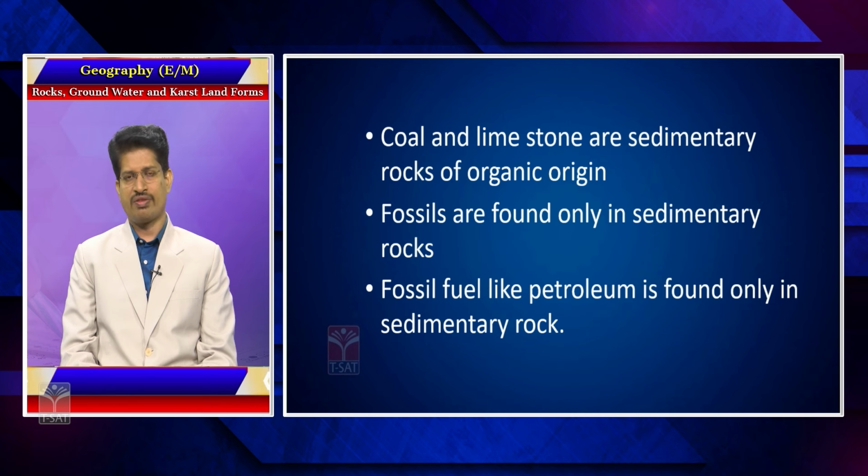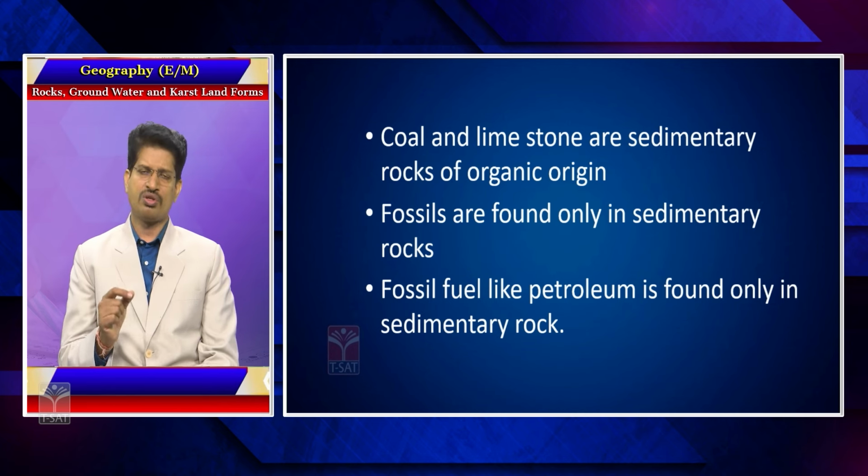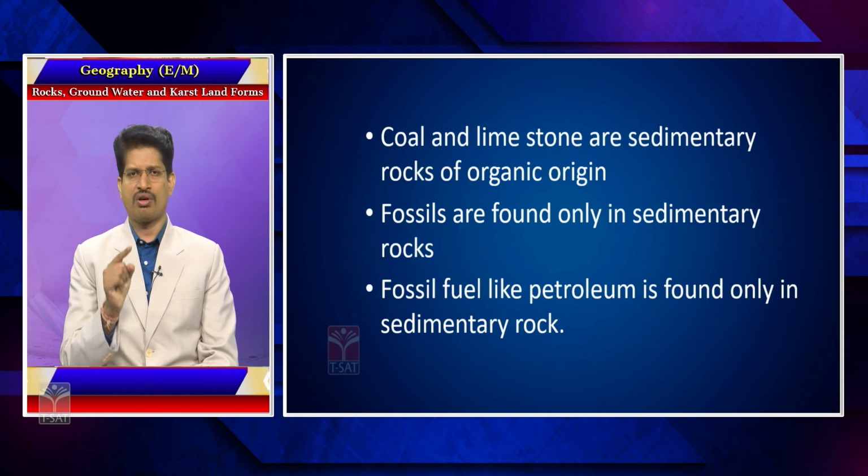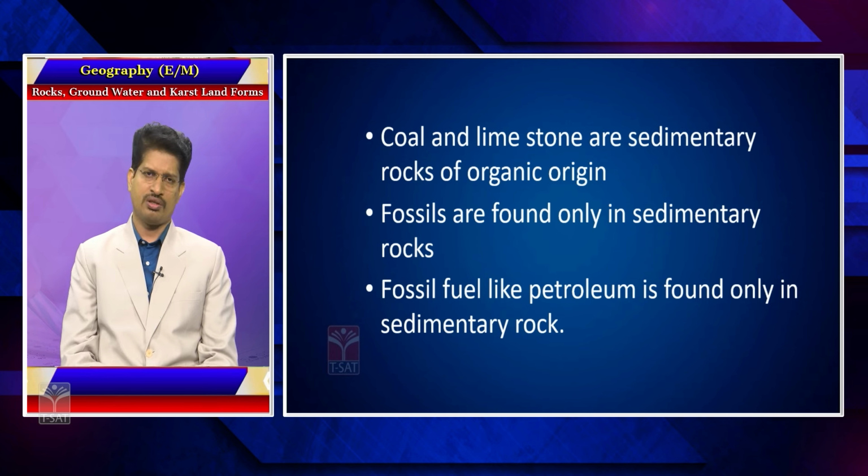Another significant factor which can be asked as a question is that fossils are found only in one variant of rock, known as sedimentary rocks. In other types of rocks, fossils are not found.